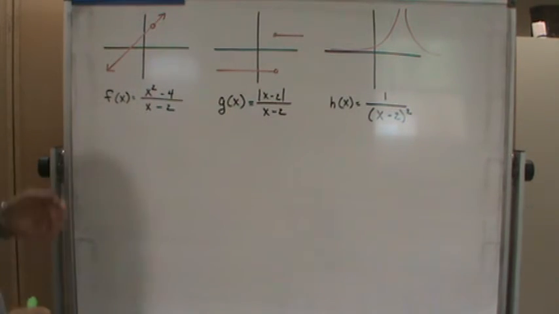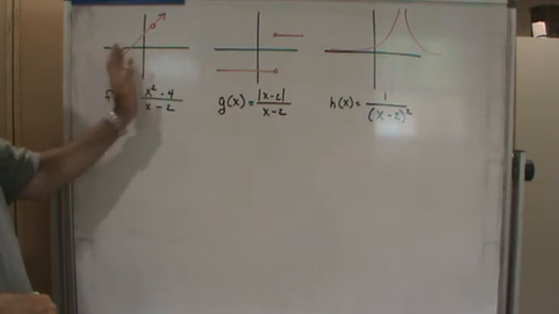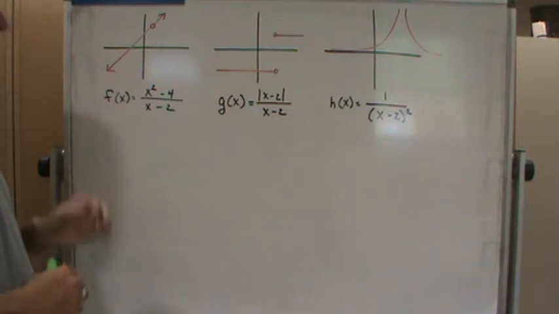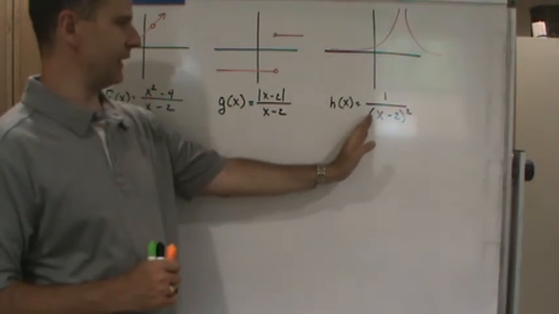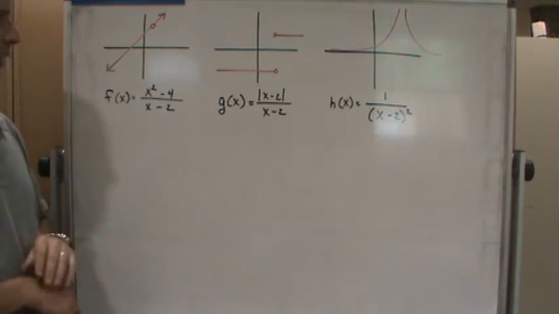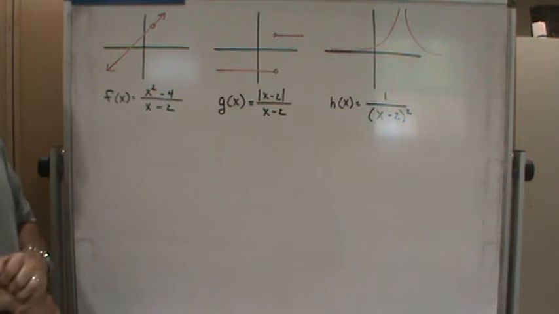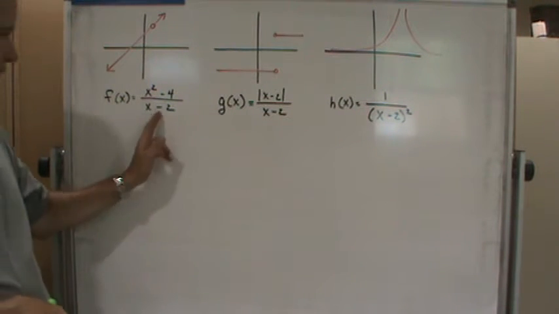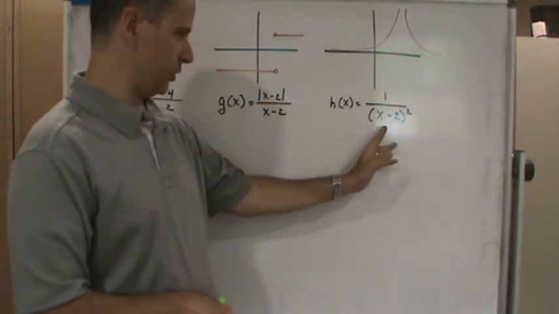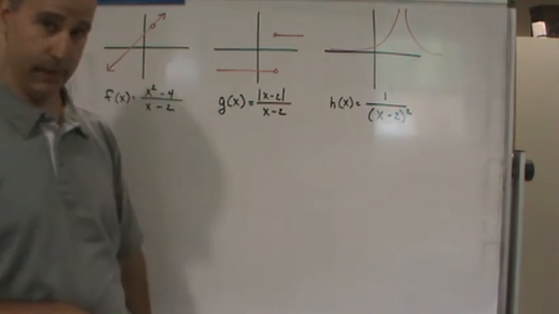So I sketched these three graphs. Again, I didn't mark everything, but just to give you an idea of what's going on here. At x equals 2, you can see that for all three of these graphs, they are not defined at x equals 2. Okay? For obvious reasons, x equals 2 in the denominator makes the denominator 0.